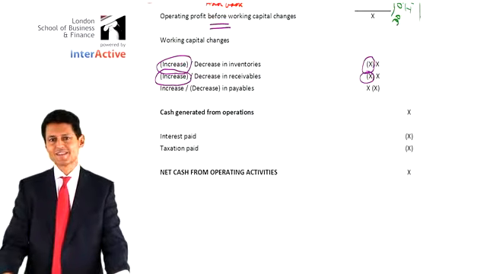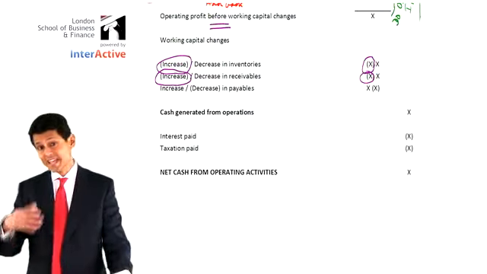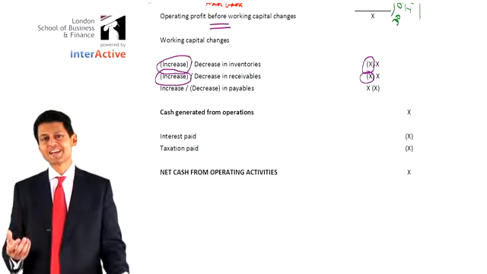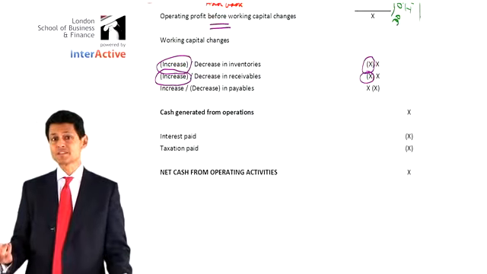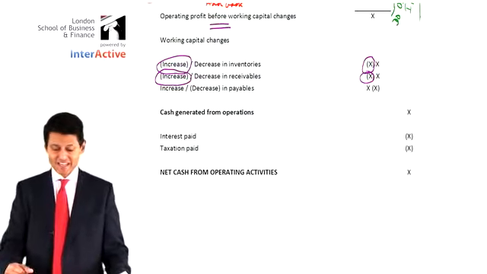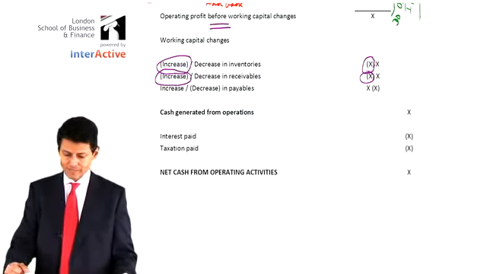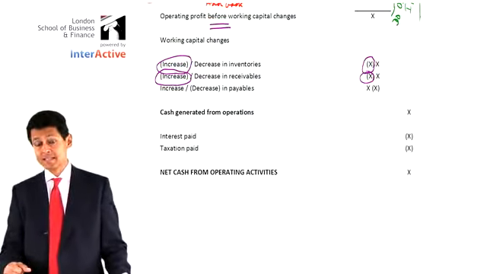Do you follow that? So it's 2,000 at the start, 1,200 at the end. The other 800 must have been collected, converted from the receivables into cash. So that is an inflow. So don't forget, bracketed means outflow, unbracketed means inflow.